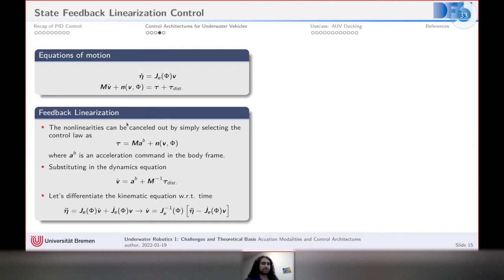Now, if you take this and plug it back here, these terms will cancel out if I have an accurate system. They will not completely cancel out because there are always uncertainties in the model, but at least I will try to get rid as much as possible of all of this nonlinear behavior.